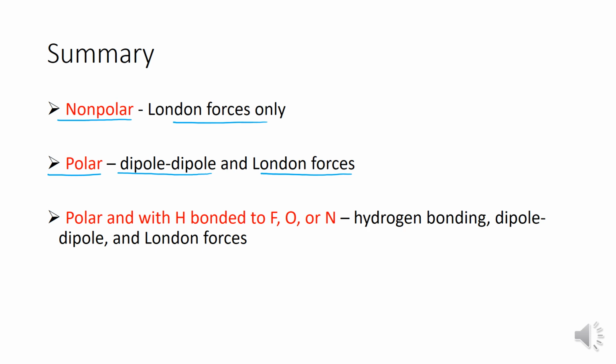And given a polar molecule with a hydrogen atom bonded to fluorine, oxygen, or nitrogen, the non-covalent intermolecular forces present are the London forces, the dipole-dipole force because it is polar, and the hydrogen bond because of the hydrogen atom bonded to fluorine, oxygen, or nitrogen.